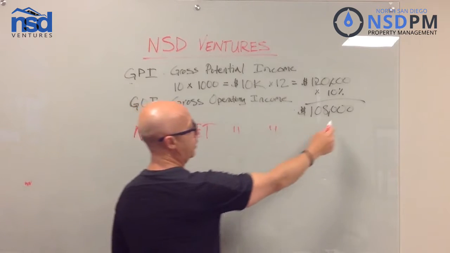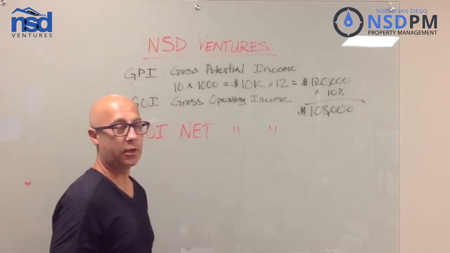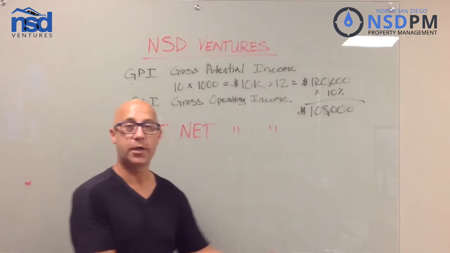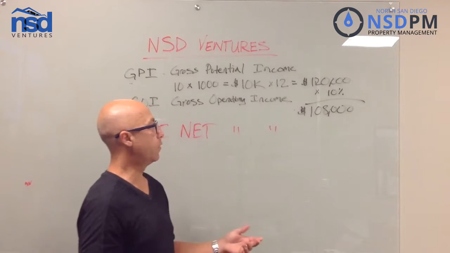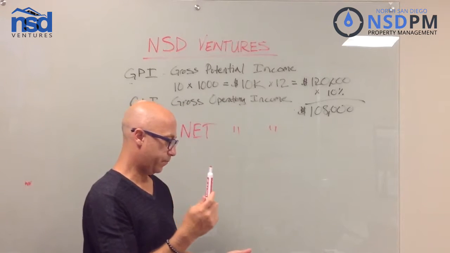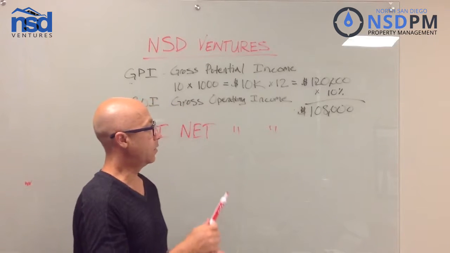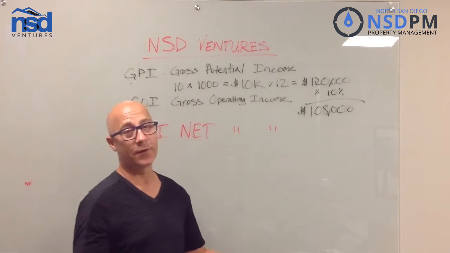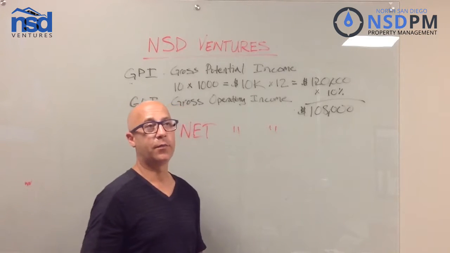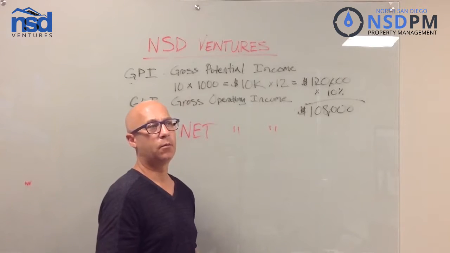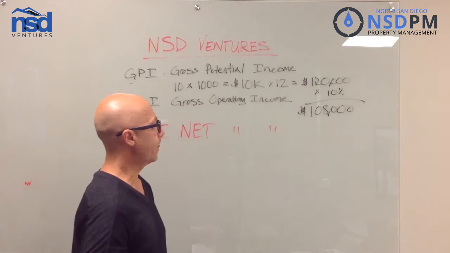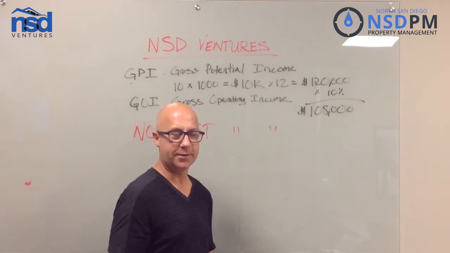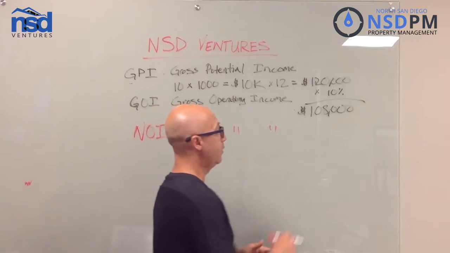It's going to be your GOI, which we got over here is $108,000, and we're going to minus all of the expenses, not including your debt service, your mortgage, but this is going to be your property taxes, your maintenance, water, sewer, trash oftentimes, even sometimes electricity and gas, advertising, property management, marketing. Anything that would go along that line would be in here.